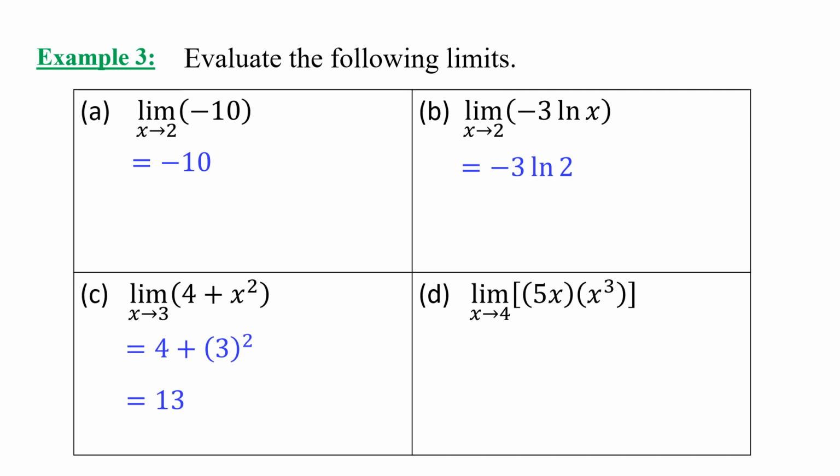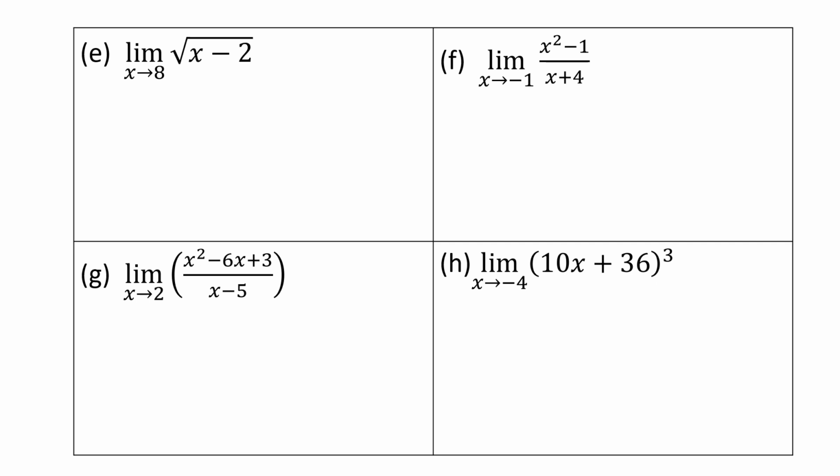Next example. Evaluate the limit as x approaches 4 for the function 5x times x cubed. So we substitute x with 4 and we got 1280. Question E. Evaluate the limit as x approaches 8 of square root x minus 2. We substitute x with 8.